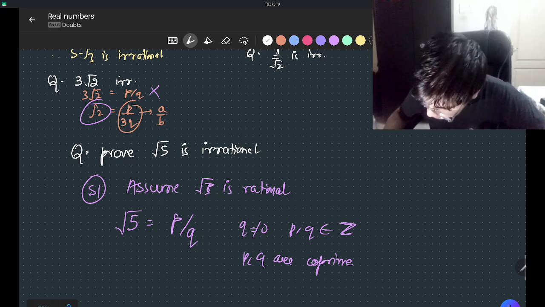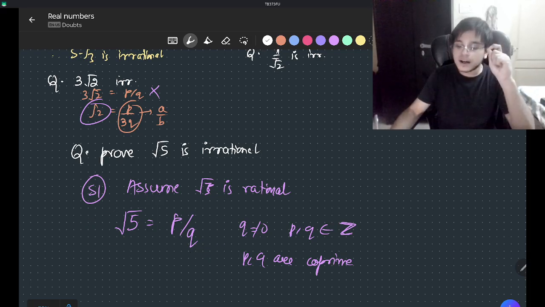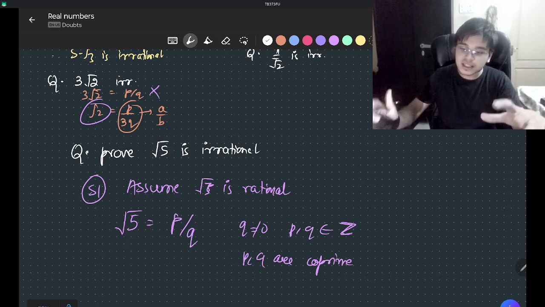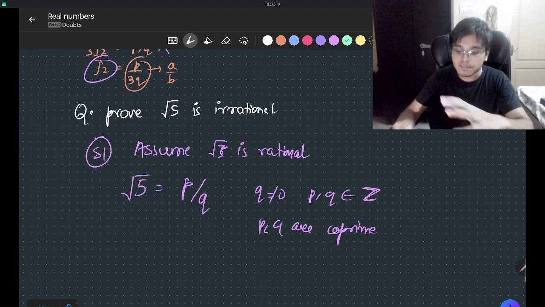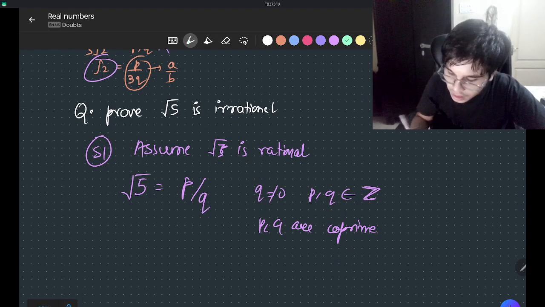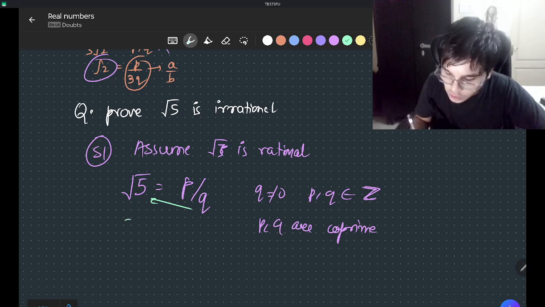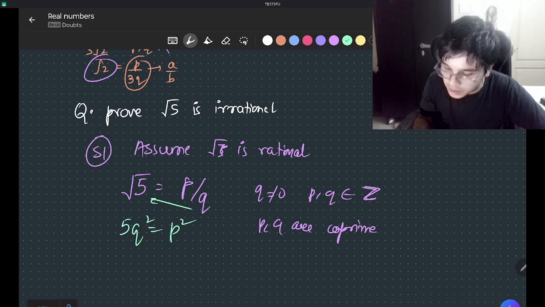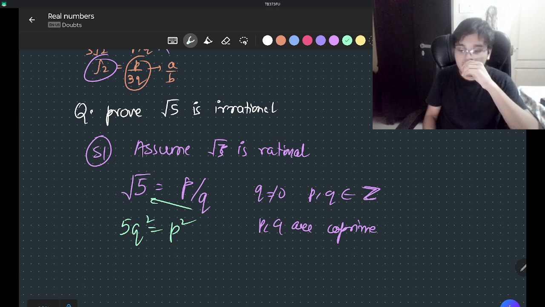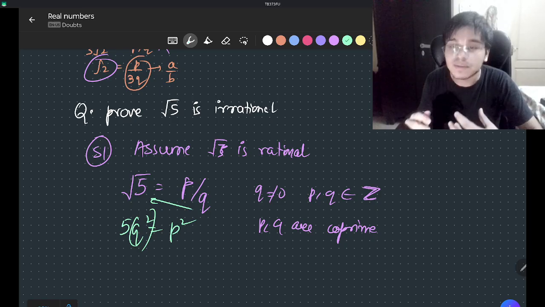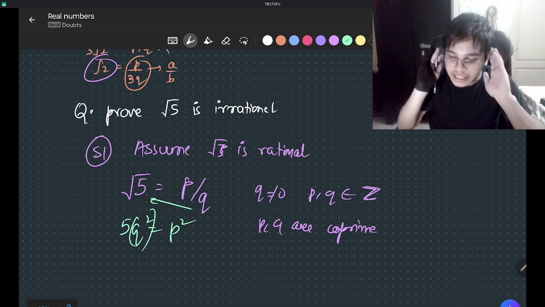Now, once we can write this as p by q, let's square the terms, rearrange the terms and play around with it. So I cross multiply q and square on both sides. So 5q square is equal to p square. That's what I get. Now you can see again that in the table of 5, something multiplied gives me p square, so p square will definitely come somewhere in the multiplication table of 5.